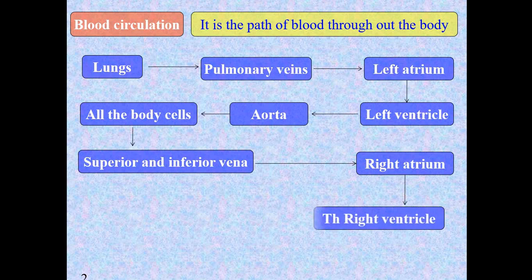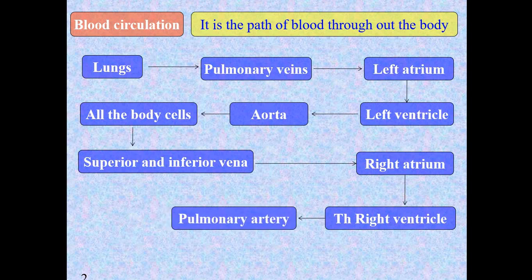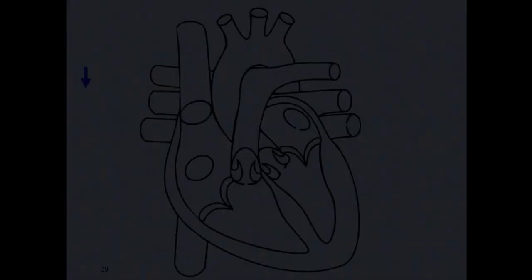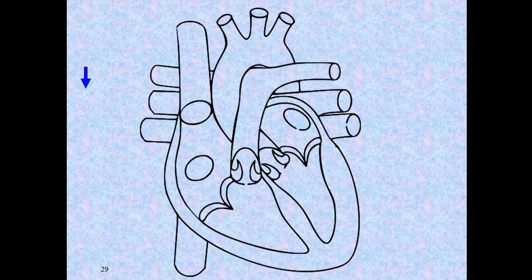Then the right atrium passes the blood to the right ventricle, which is now filled with blood rich with carbon dioxide. Then the right ventricle will pump all the blood rich with carbon dioxide to the pulmonary artery to send it to the lung and get rid of the carbon dioxide.